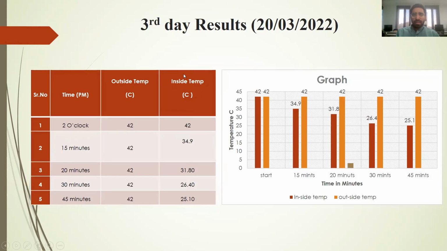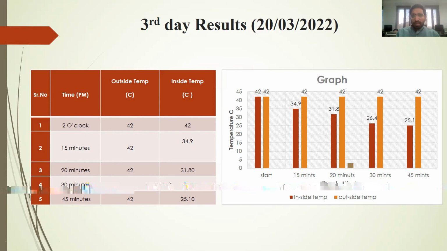And the same for the third day result. The experiment is started at 2 o'clock and the outside temperature was 42 and inside is 42. After 45 minutes, the outside temperature remains the same, 42, and the inside decreases up to 25.10.